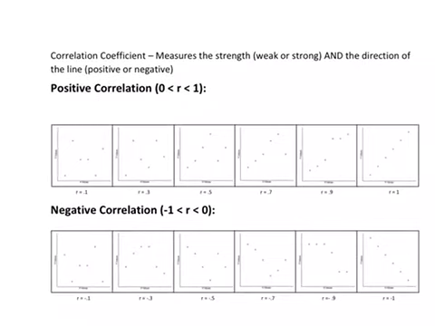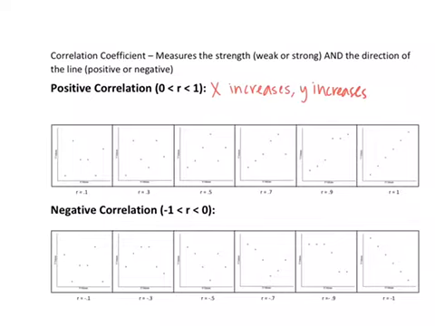So a positive correlation, X increases, Y increases. So X and Y both increase means it will be a positive correlation.